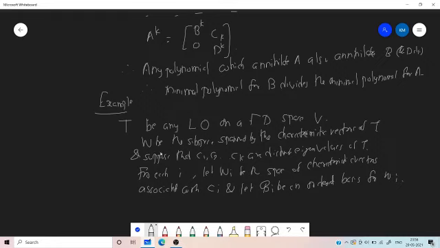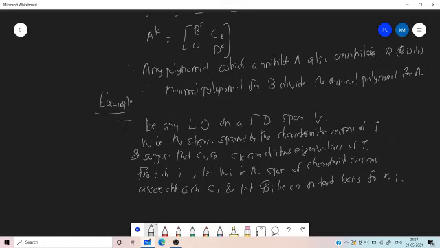And also the lemma: let T be a linear operator on a finite dimensional space V, and C1, C2, etc. Ck are distinct characteristic values of T, and Wi be the space of characteristic vectors associated with the characteristic value Ci, and if W equal to W1 plus W2 plus etc. plus Wk, then the dimension of W equal to dimension of W1 plus dimension of W2 plus etc. plus dimension of Wk. In fact, beta i is an ordered basis for Wi. Then beta equal to beta 1, beta 2, etc. beta k is an ordered basis for W.